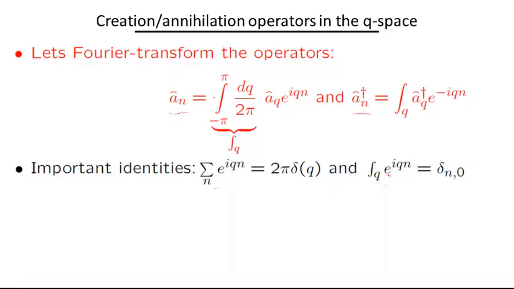This integral is equal to 0 if n is not equal to 0, and equal to 1 otherwise. I'm mentioning these identities because they're very useful in deriving the form of the Hamiltonian in q space from the Hamiltonian we derived in the previous slide in real space, which depended on the index n.